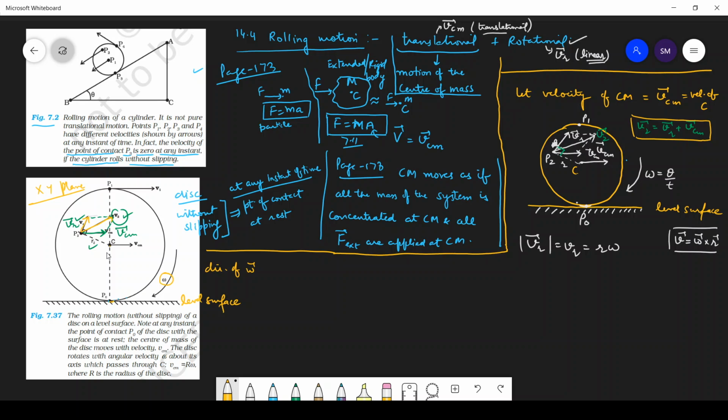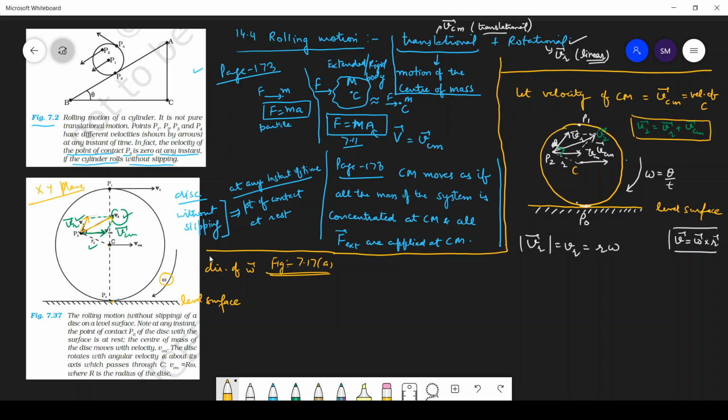So, direction of angular velocity. For that, students, you can see figure 7.17a. You hold the fingers of your right hand in the direction of the motion.